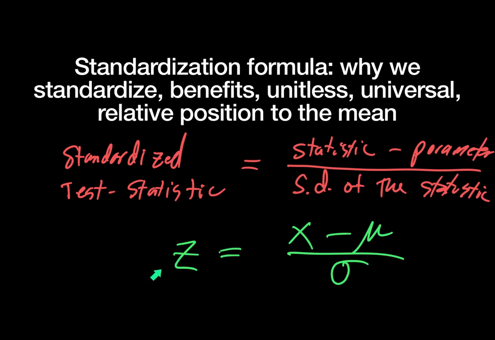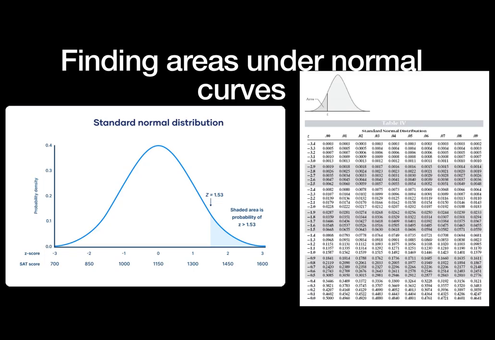And z is the standard normal value. And we'll talk about a z-curve here in a second. So a z-curve is a standard normal curve. We got normal curves and we got the standard normal curve. Here is a standard normal curve. Across the bottom, these are z-scores, 0, 1, 2, and 3. To the left, -1, -2, -3. This is overlaid with SAT scores because it's related to another problem we're going to look at later.